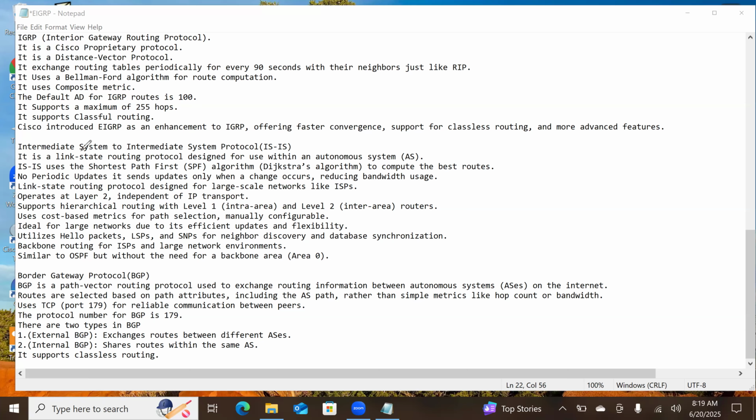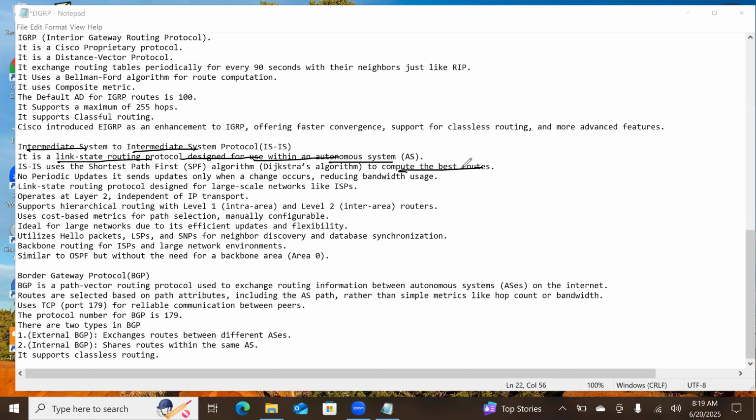So Intermediate System to Intermediate System protocol. It's a link state routing protocol designed for use within an autonomous system, and it also uses the same algorithm that OSPF uses. What was the algorithm? Shortest path first, or Dijkstra algorithm, to compute the best routes.